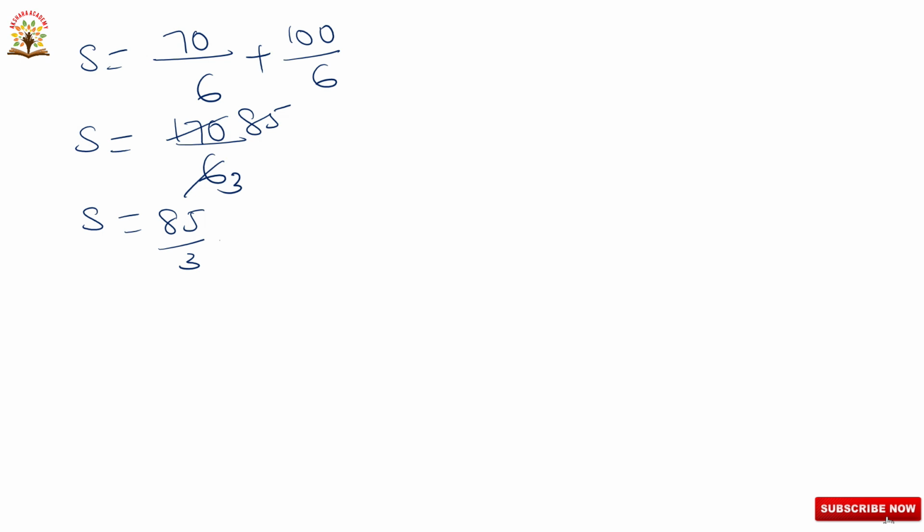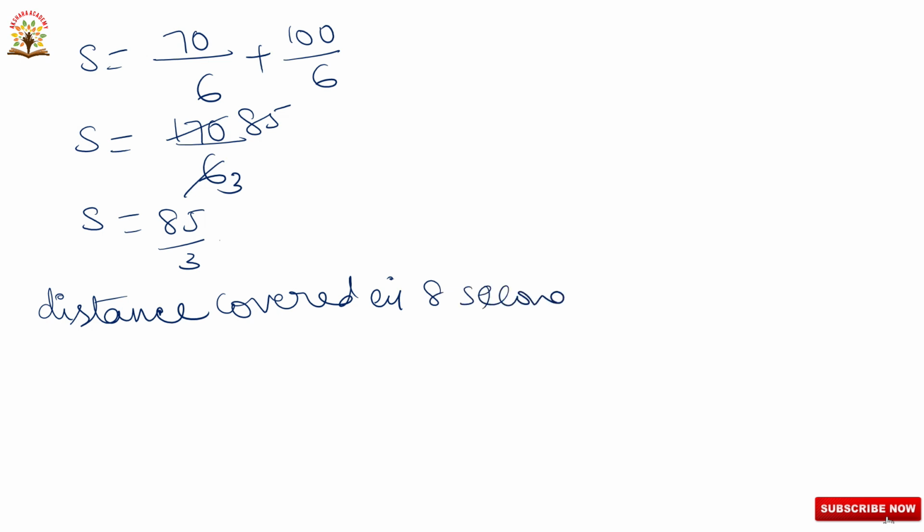Now next we are calculating the distance covered in 8 seconds. Distance covered in 8 seconds is S is equal to ut plus half at square, 7 by 6 into 8 plus half into a, 1 by 3, into t whole square, nothing but 8 square.